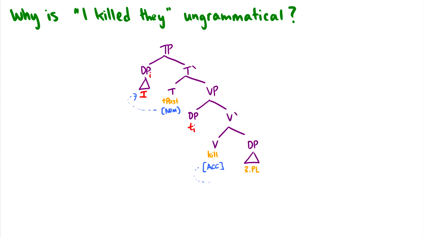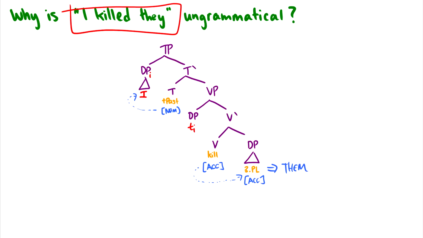So when kill gives and checks its case to the DP complement, it says, wait, this is going to be accusative here, which means that this third person plural must be them. Now, I killed they is ungrammatical because if we want this to be they, then it needs to get nominative case, because they is nominative, but it can't get nominative case. There's no way it can get nominative case down there. Therefore, I killed they is ungrammatical.